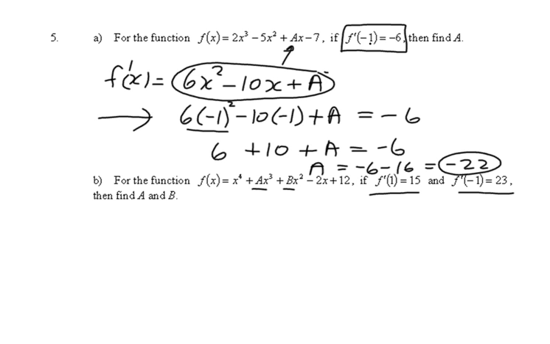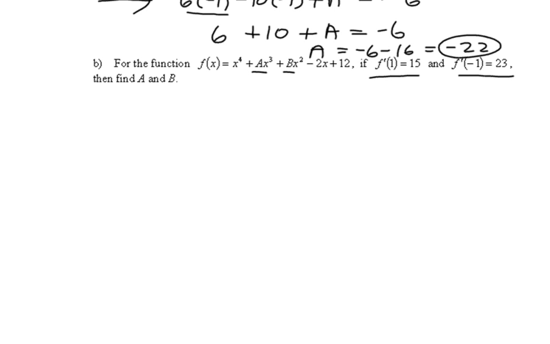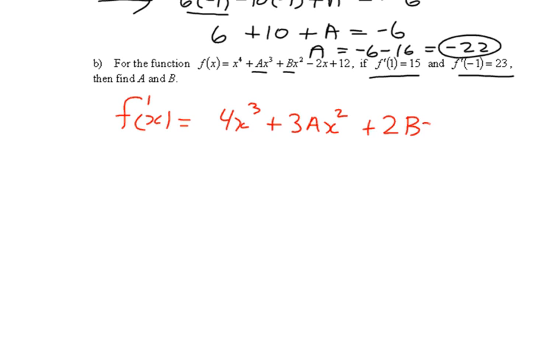How many are getting that 2 equations with 2 unknowns feeling? I am. All right. 2 unknowns, 2 equations. So f prime of x is 4x cubed plus 3ax squared plus 2bx minus 2. That's f prime. Now we're going to substitute 1 in f prime.